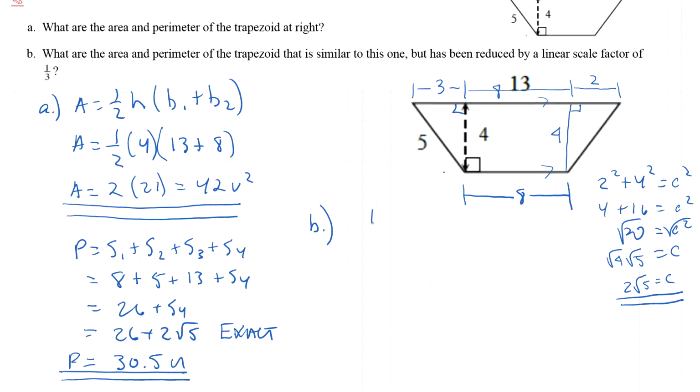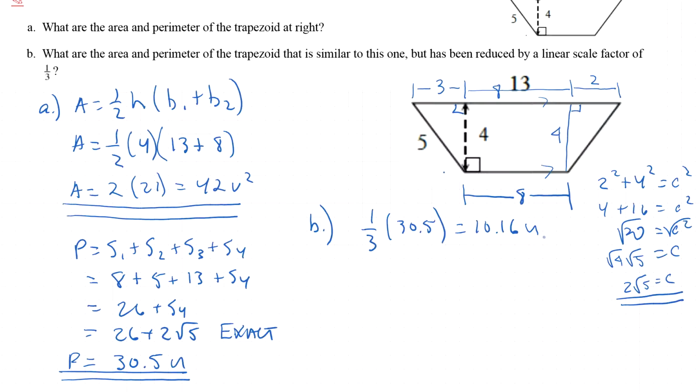So if we know it's 1/3, I can take 1/3 of my perimeter, which was 30.5, and when you take 30.5 and divide it by 3, you get 10.166 repeating. And so that is the perimeter of our reduced shape.